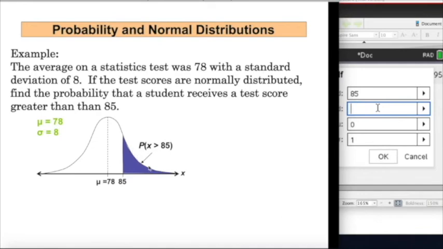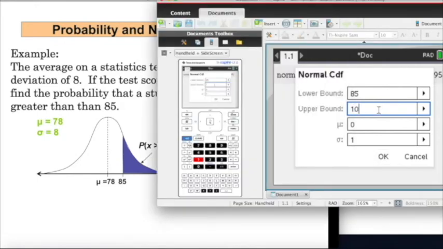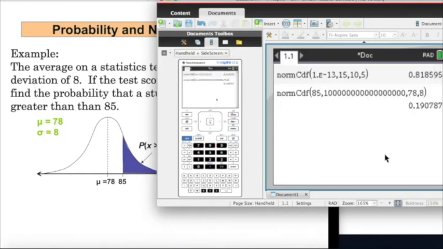The upper bound can be any large values, because remember this curve continues without touching the x-axis. So we can put large numbers like so. Any large numbers will do. The mean is given, which is 78. Standard deviation 8. Click OK.